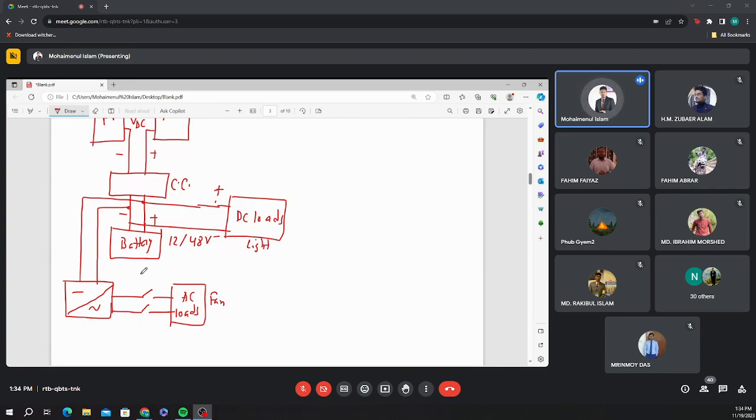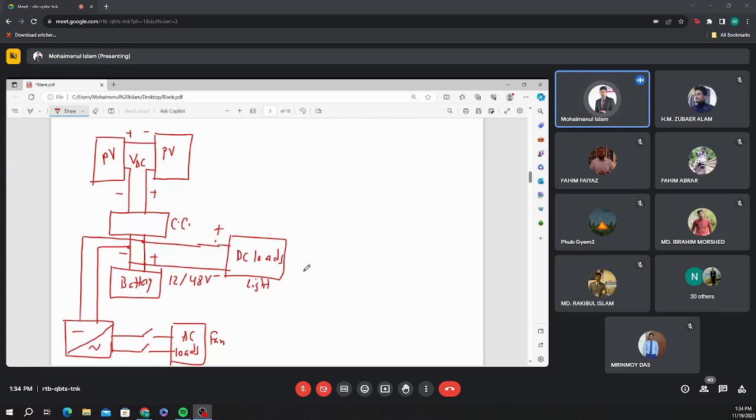You understand my basic diagram? So we have the PV panel, you're getting DC. The charge controller helps you to control the charge and voltage for charging into the battery. A battery may have a 12 or 48 volt package, and you can connect that battery or the output with the DC load to run the load.